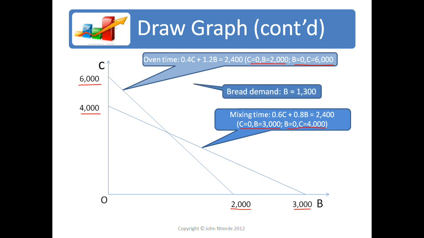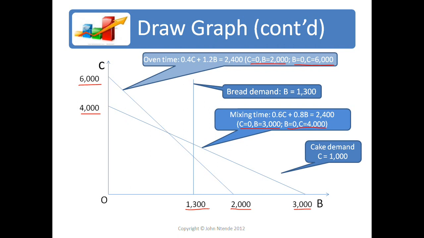Next is the bread demand. B is equal to 1300. So this is a vertical line passing through the point 1300. So we draw a vertical line passing through that point. That's the line for the bread demand. Next is the line C is equal to 1000, which is cake demand.